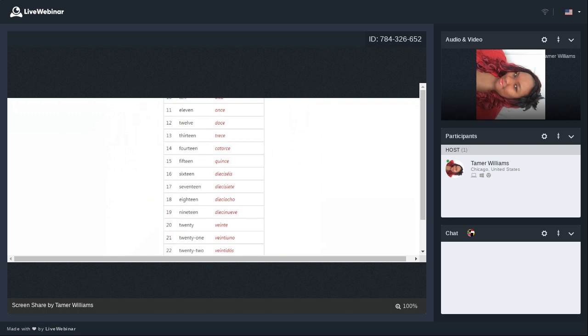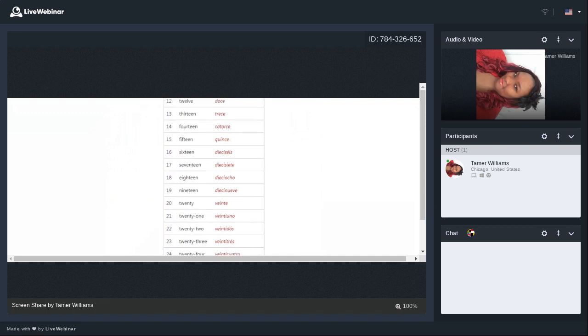However, after 15, it follows the regular pattern where essentially, for double digits, you're saying whatever the first number is and the other one.